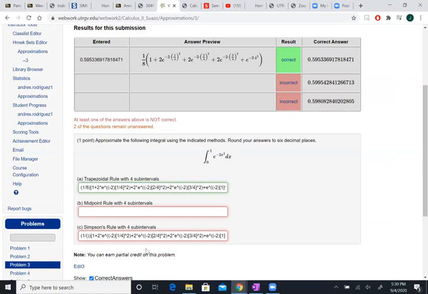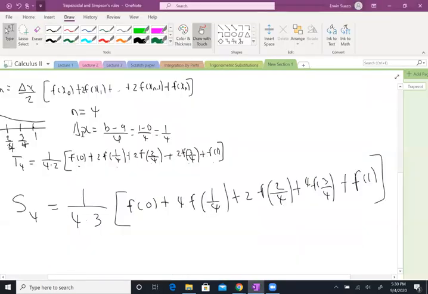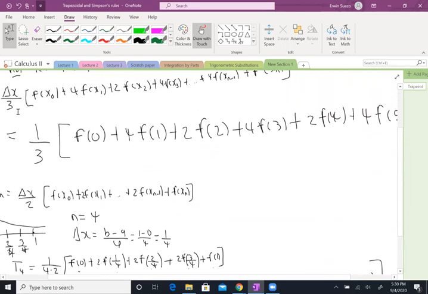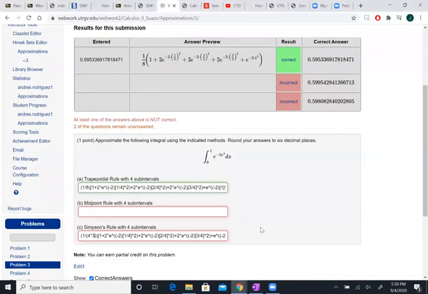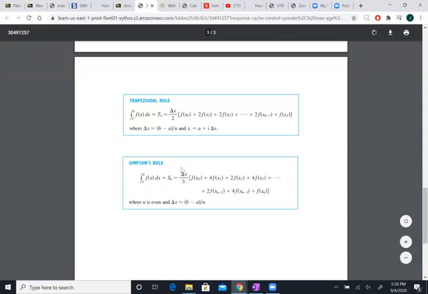So we had 1/4 times 3, right? Because in the formula it is delta x, that is 1/4, and Simpson's rule always has the 3 on the bottom. Let me show you the formula again. See, Simpson's rule always has delta x divided by 3.